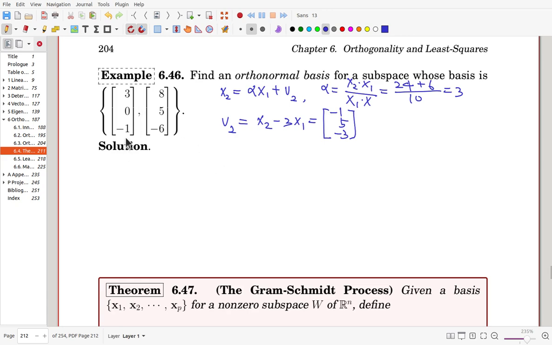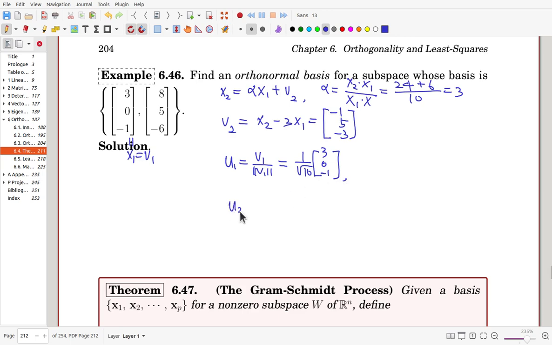Now, we already know that x1 is v1. Now, we have to normalize them. So from here, u1 is v1 over its length. Okay, 9 plus 1, 10, so the length is square root of 10. And v1 is 3, 0, minus 1.